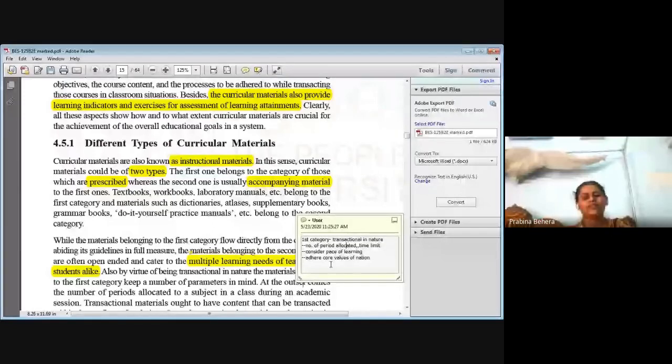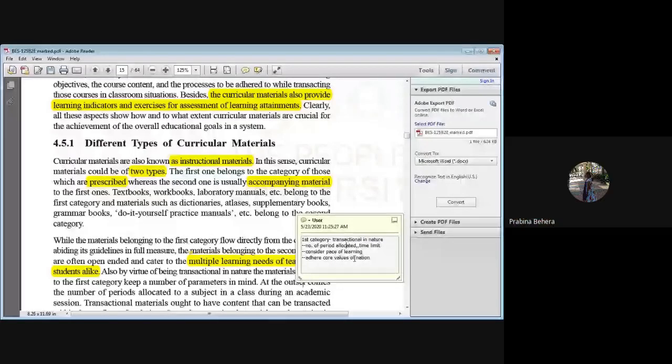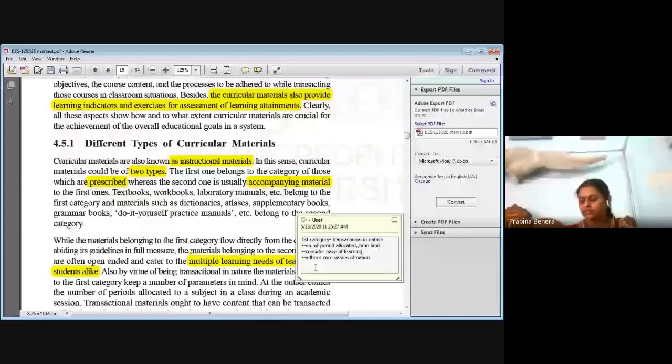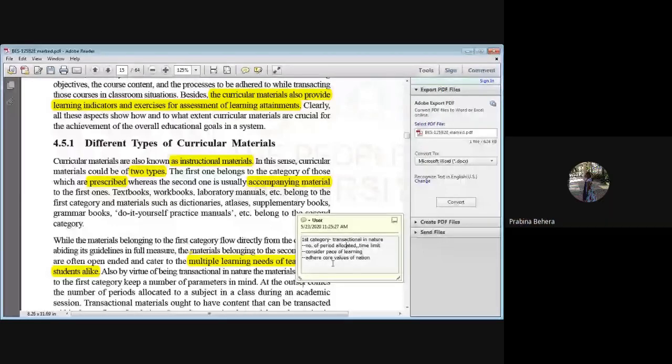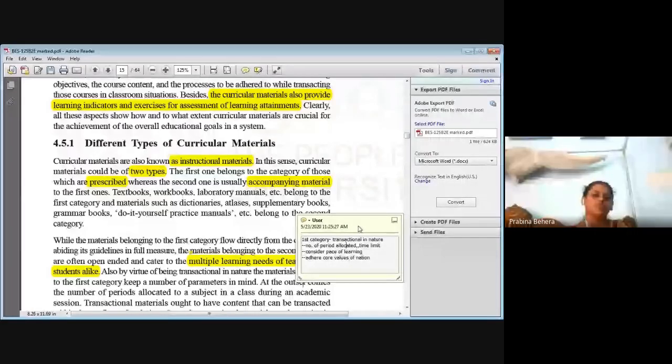It proceeds as per the speed of learning of the learner, and it adheres to the core values of the nation while prescribing the subject matter of any syllabus. We have values of the nation that are enshrined in our constitution. So these are the characteristics of the first category of curricular material, which is prescribed.